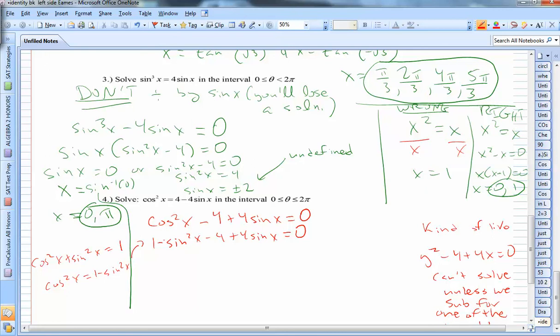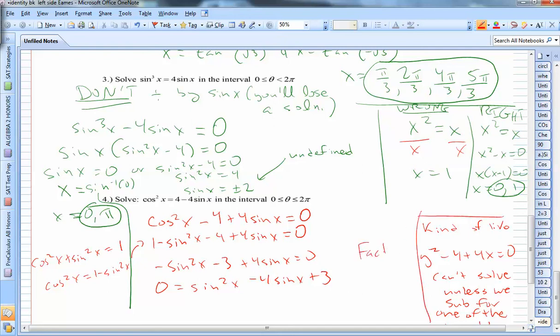If we move things around, or to combine like terms, actually just do that first. We have that. Then move everything to one side, so that way our leading term is positive. And then we're going to want to factor.